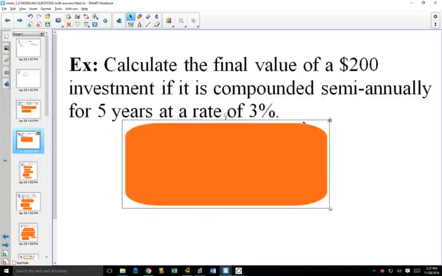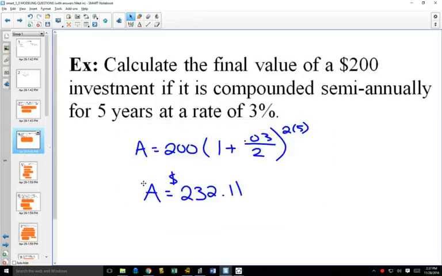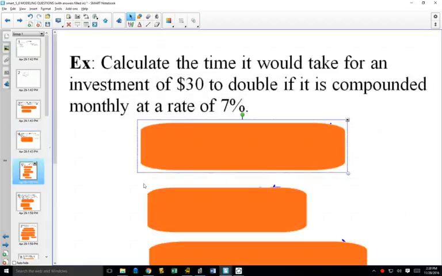Here you can check how you did. So those first two examples were really straightforward, just plugging things into your calculator and figuring it out.